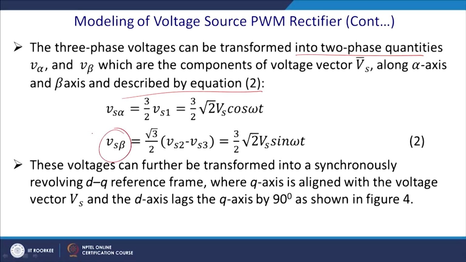Same way, Vs beta equal to root 3 by 2 (Vs2 minus Vs3) equal to 3 by 2 root 2 Vs sin omega t. This voltage can further be transformed into a synchronously revolving dq reference frame, where the dq axis is aligned with the voltage vector Vs and the d axis lags the q axis by 90 degrees, as shown in figure 4.